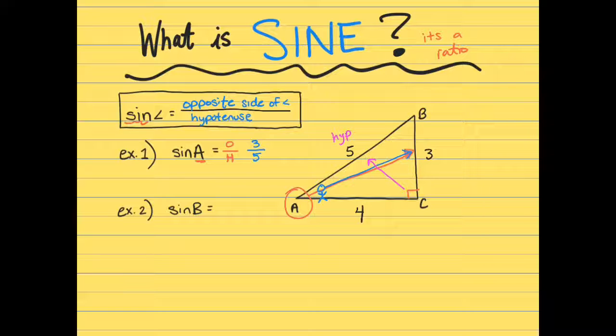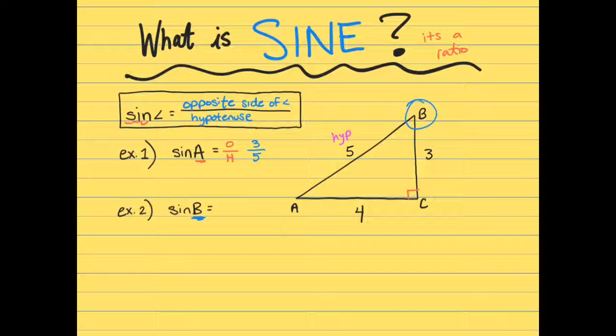All right, so let's change things up a little bit. Instead of looking at angle A, we're done with you. Let's look at angle B. I'm going to erase a lot of this stuff, and now I'm just looking at angle B's perspective, okay? So now I'm saying, what is sine of angle B?